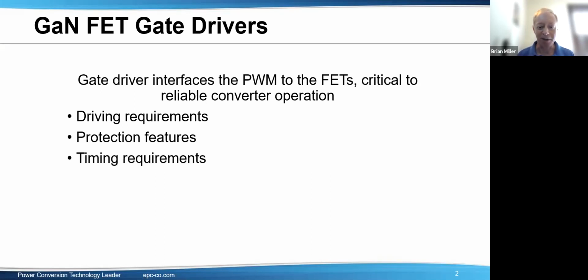Some timing requirements: GaN FETs are so fast that it's good to look at the timing requirements to make sure things work in a way that's expected.